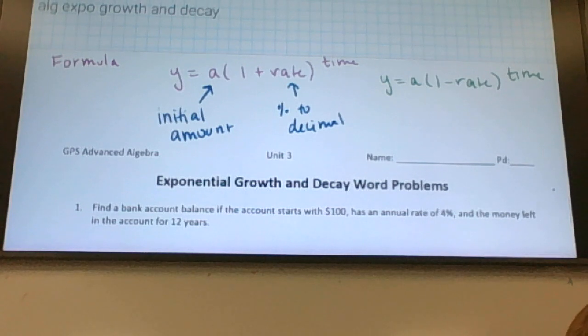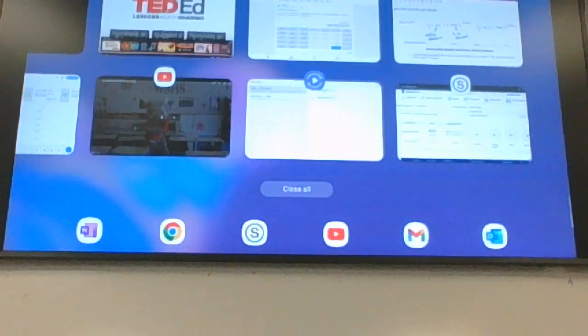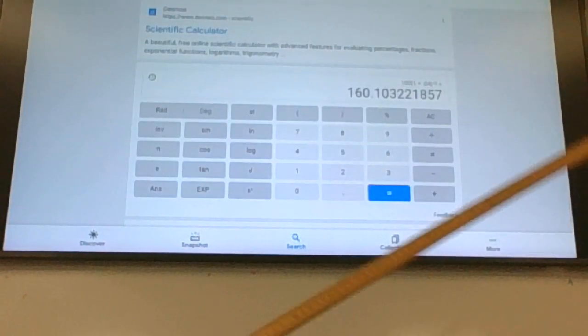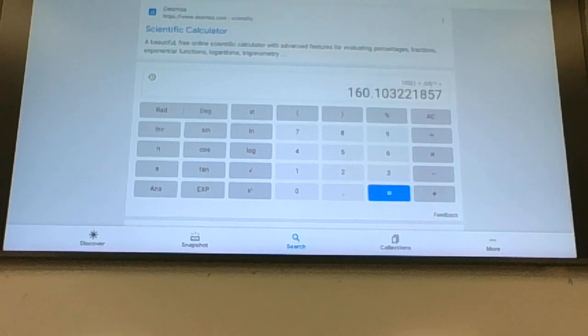If you have your calculator, get out your calculator. If you don't, this is a little different. You have my permission to open the Chromebook and use the Google calculator. Please don't yell out like that. I have something important to say. The important thing is that we're about to do a huge project.